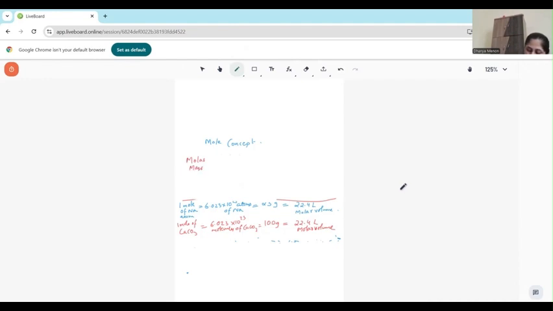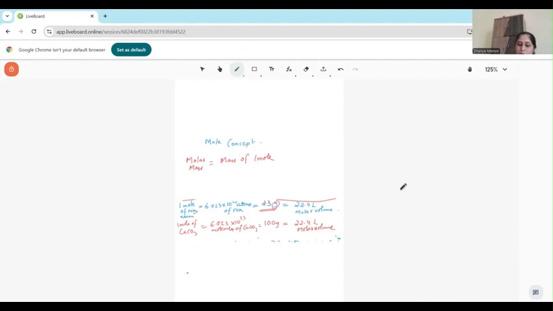Molar mass means the mass of 1 mole. As you can see over here, 23 grams is the molar mass of sodium. Molecular mass is molar mass because I've expressed it in grams. So molar mass is nothing but the mass of 1 mole of any substance, and molar volume is the volume occupied by 1 mole of any substance.